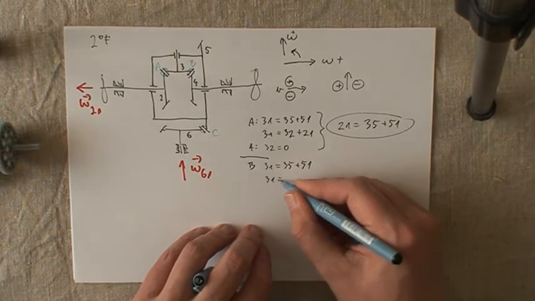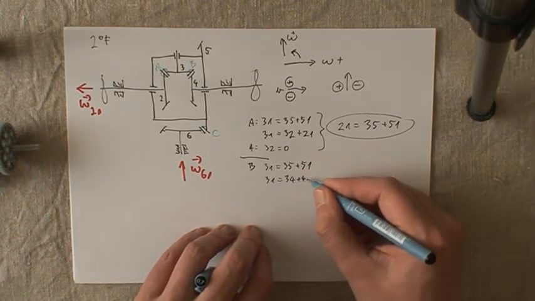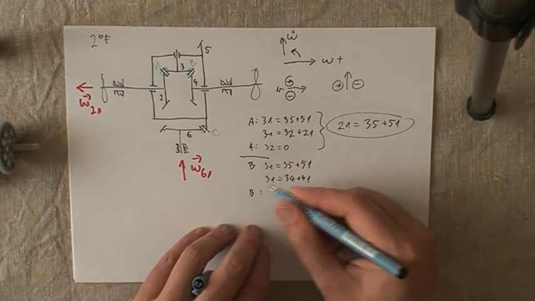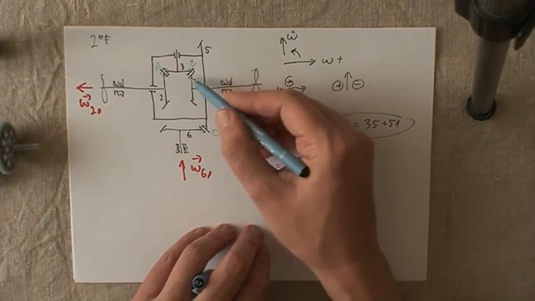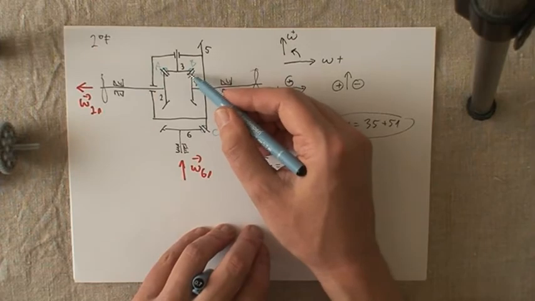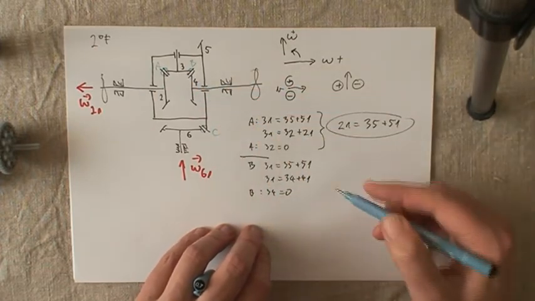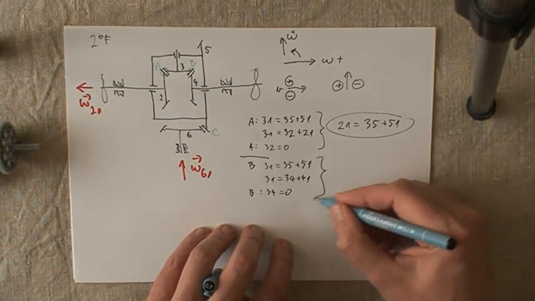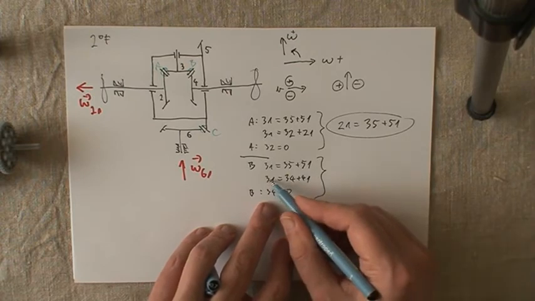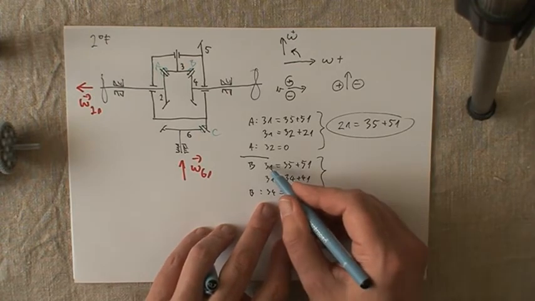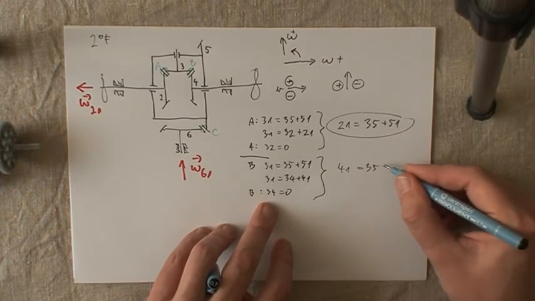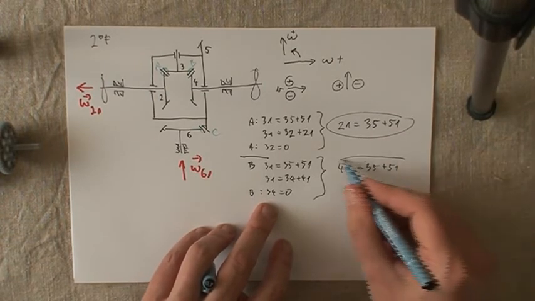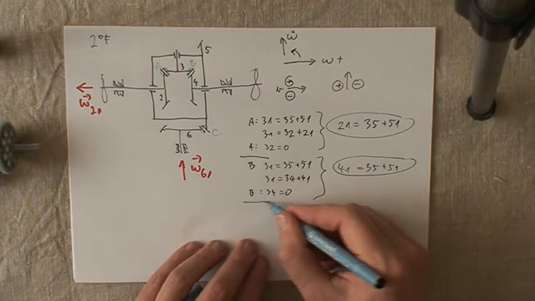So 3,1 is 3,4 plus 4,1. And in B, and only in B, 3,4 is equal to 0. The relative motion between 3 and 4 is equal to 0. So we put this together, 3,4 is 0, 3,1 becomes 4,1, and we have 4,1 equals 3,5 plus 5,1, and we have the second equation.